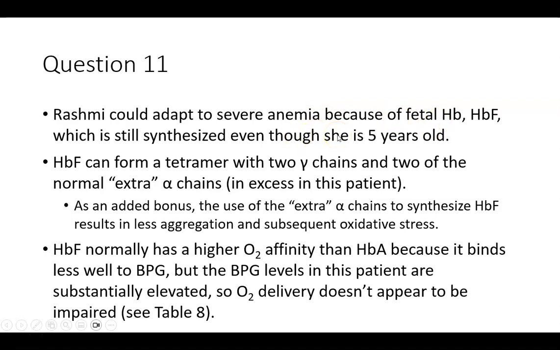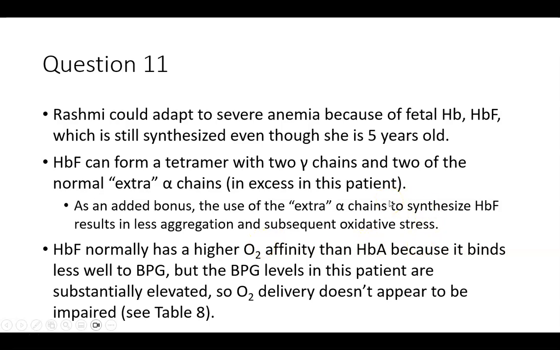Fetal hemoglobin normally stops being made about 6 months after a baby's born. But she's 5 and she's still making it. Hemoglobin F can form between 2 alpha and 2 gamma chains. This forms very nicely. So if the gene expression of that gamma chain is still on, she has extra alpha chains that she can use to make hemoglobin F. And that has a side benefit because remember, the alpha chains aggregate and cause oxidative stress.